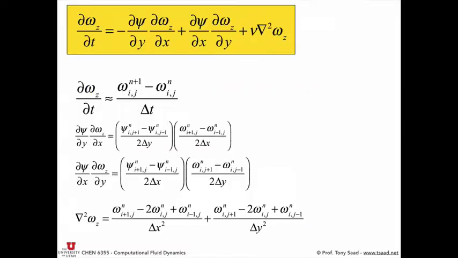Now, we look at each and every term. We're going to do an explicit method. There's no need for implicitness here. We're not going to solve this problem for very high Reynolds number flows or add a lot of stiffness. We're going to deal with laminar flows. So we're going to do an explicit method for this equation, forward in time for the time derivative: n plus 1 minus n over delta t.